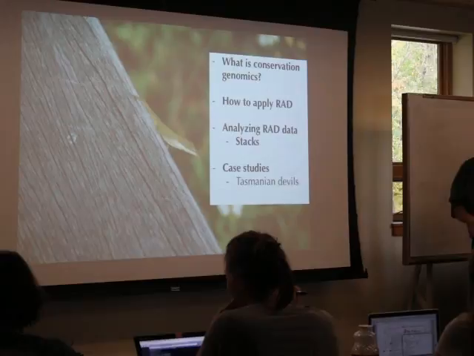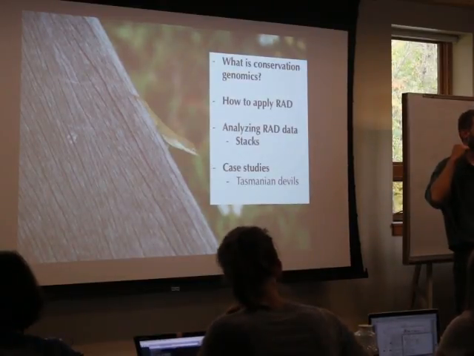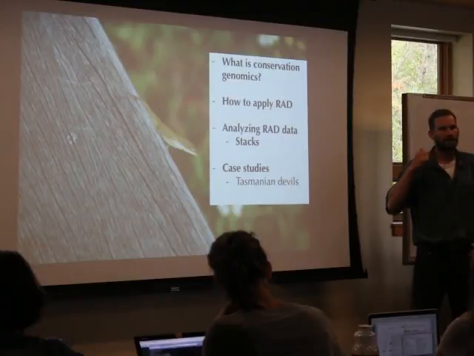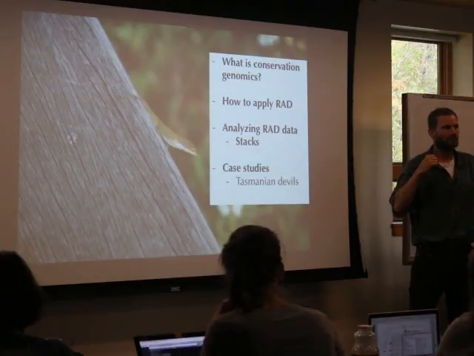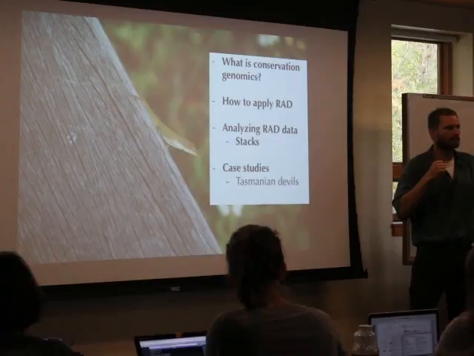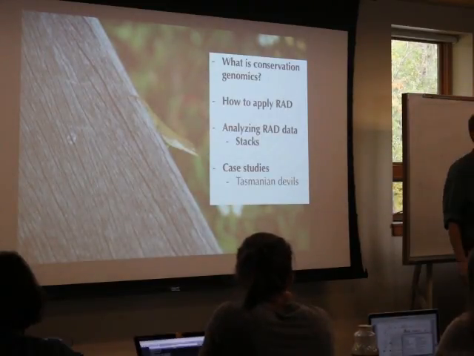So there are some other programs out there. PyRad, AfterRad, what am I missing? Rainbow, I think. There are a couple other things out there for handling RAD data, all with kind of the same idea of what they do.